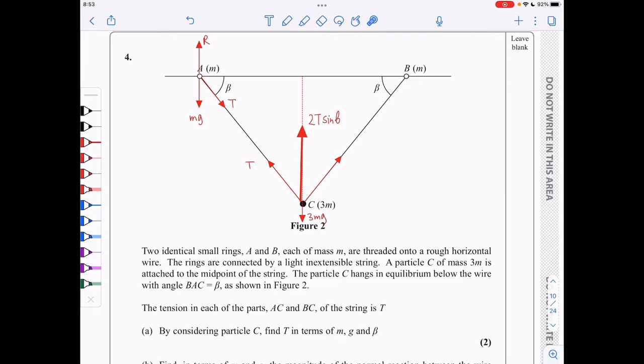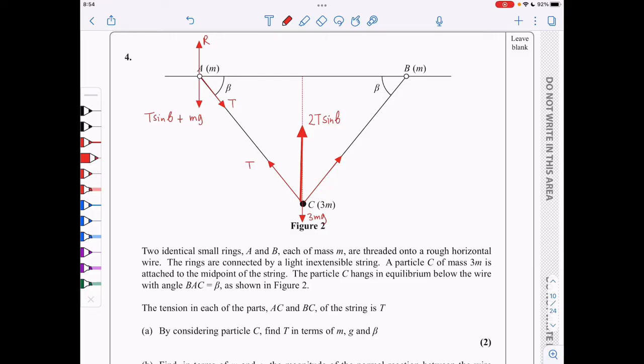The component of T that's acting downwards is T sine β, so the overall downward force will be T sine β plus mg.